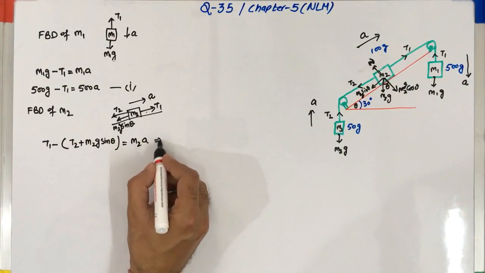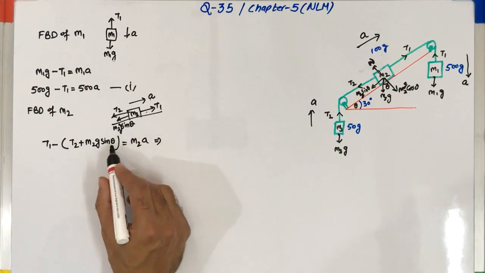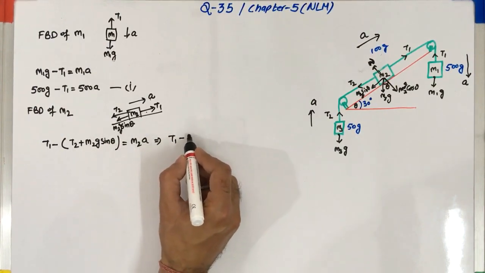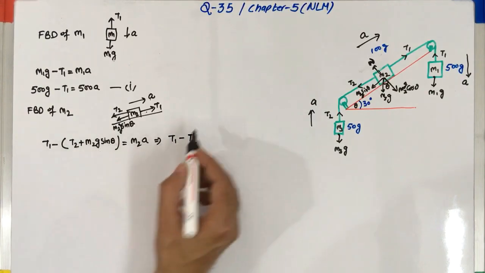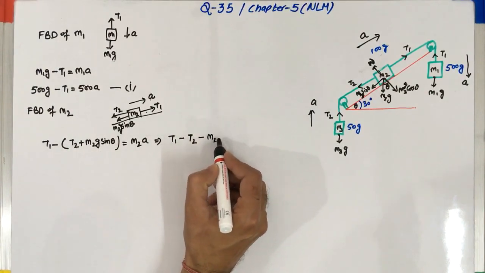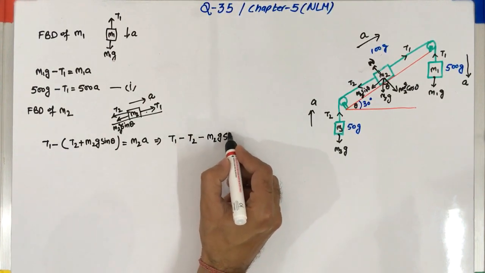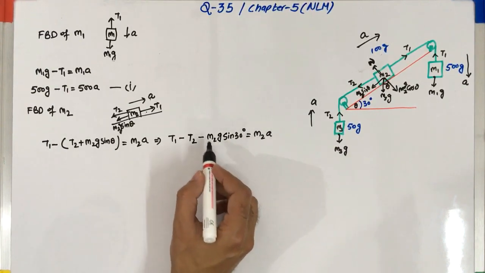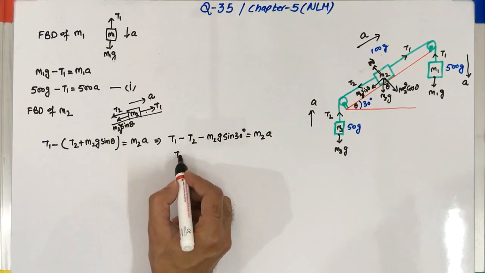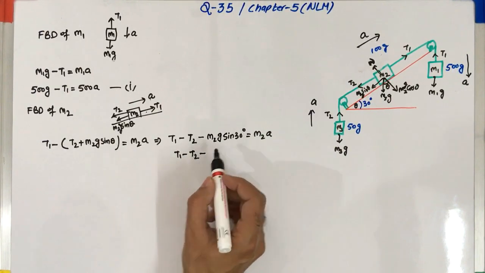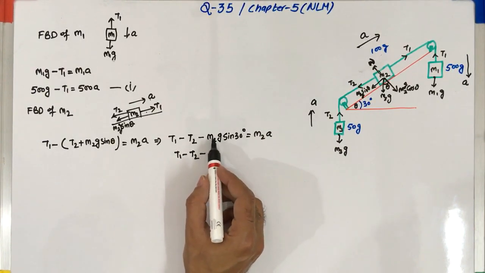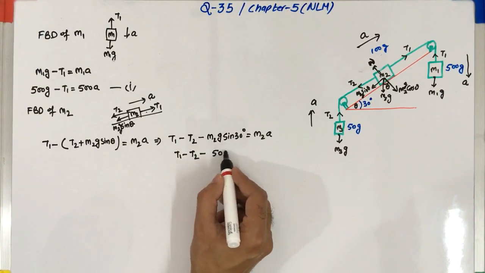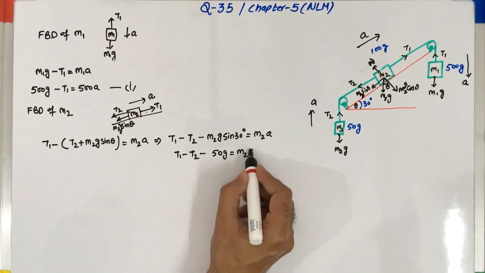Now if I put the values of theta and M2, this equation becomes T1 minus T2, opening this bracket, minus M2G sine 30 degrees equals M2A. Putting the value of M2 as 100, 100 into sine 30, which is 1 by 2, gives 50G, equals M2A.